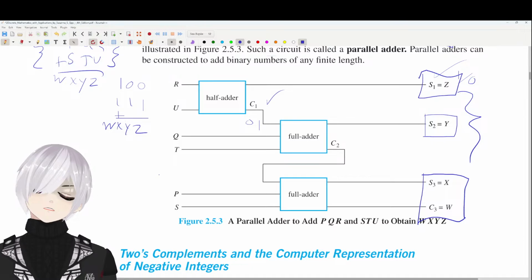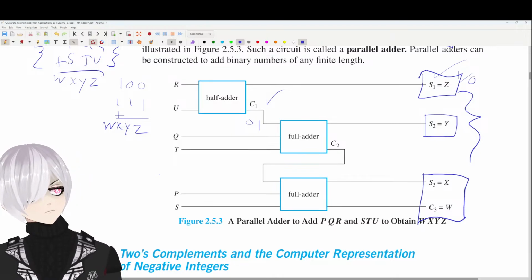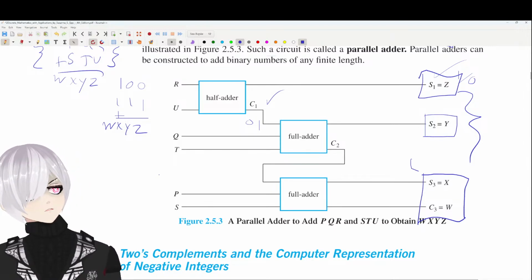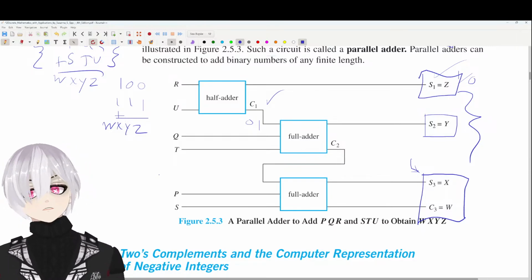We've got the sum, so those will be our leftmost digits. But if we were adding 4-digit numbers, then we'd need to carry the C3. So we'd plug C3 in, and then add the leftmost digits of the numbers we're adding together with C3 into another full adder. We just do the same thing again.